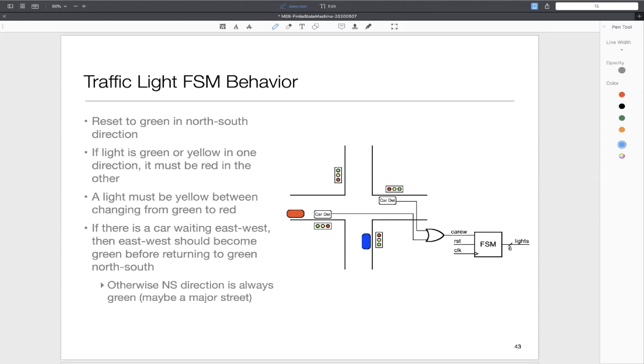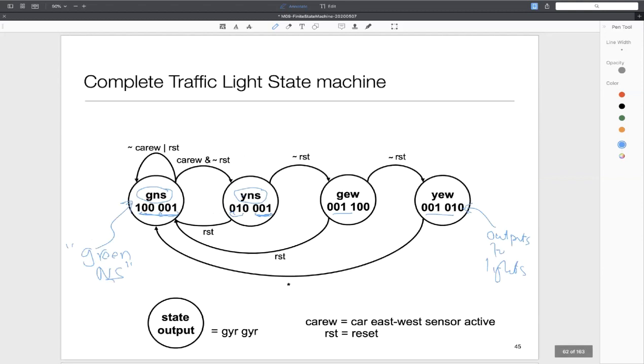But anytime reset comes, we want to move to that state. So in our example, anytime the reset comes, we want to move to the GNS state. So this state, GNS, is my start or reset state. So anytime I have a reset, I go there.